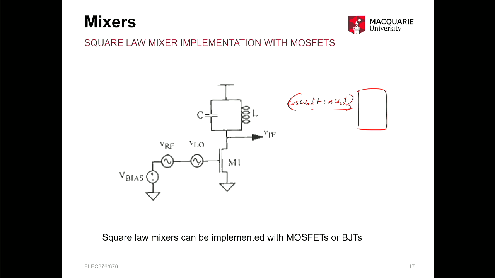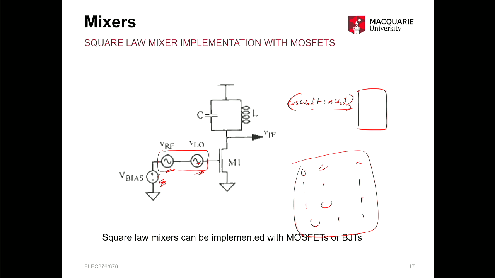If you don't look at the DC bias, you're just putting the RF and LO in series. When LO is 0, you have RF there. When RF is 0, you have LO there. That sounds like a summer, so either RF or LO, or both: 1 1 1, 1 0 1, 0 1 1, and 0 0 0. So this is a sum operation.